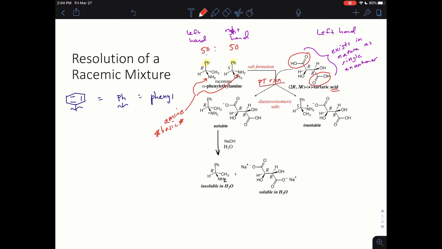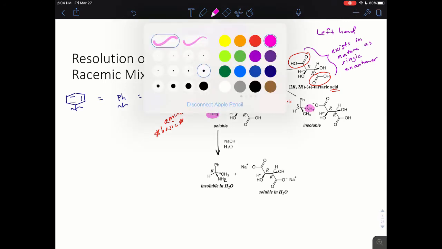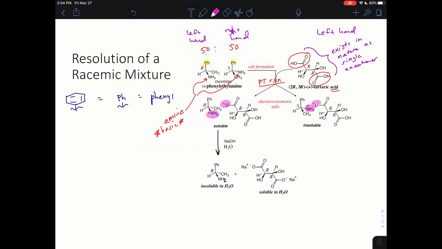You can see they make salts. So you've gone from NH2 to NH3, and you've deprotonated the tartaric acid. So now you have the carboxylate instead of the carboxylic acid, and then opposites attract.